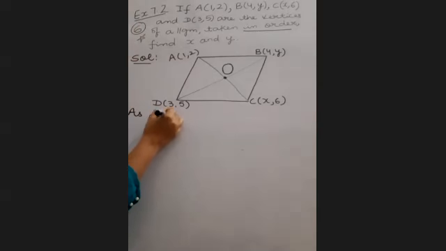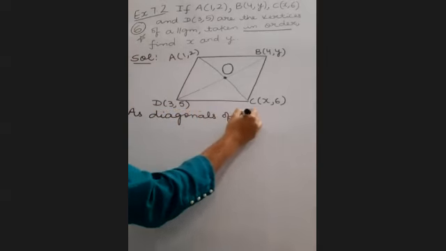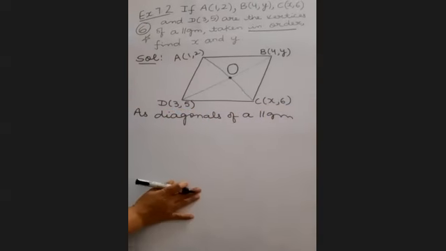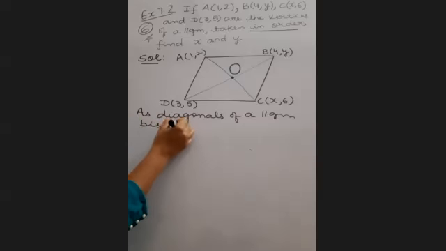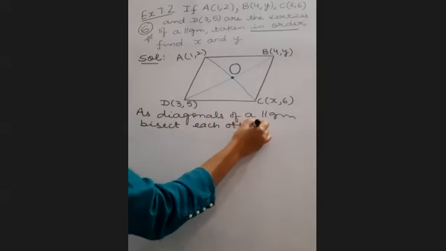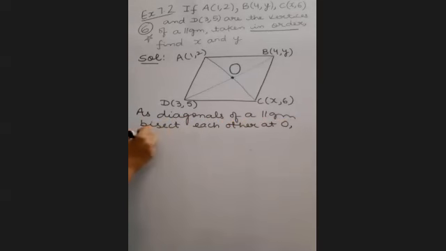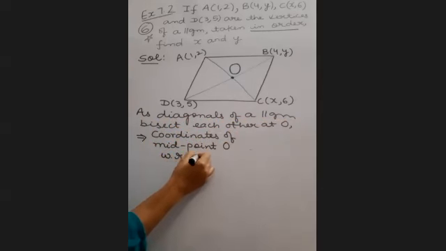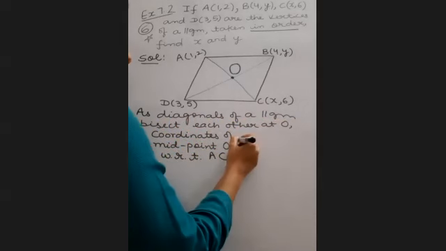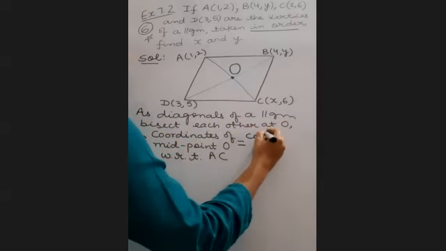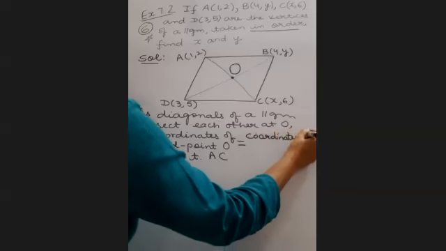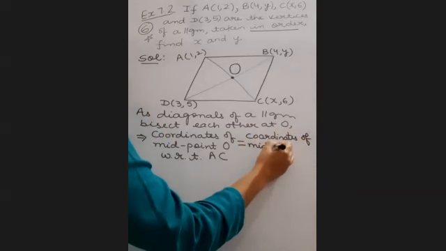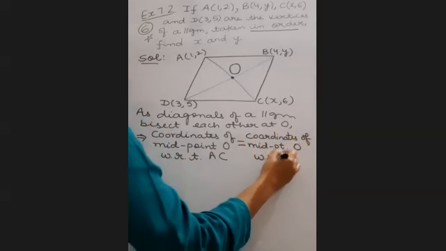As the diagonals of a parallelogram bisect each other at O, this gives me the coordinates of midpoint O with respect to AC must be equal to the coordinates of midpoint O with respect to BD.